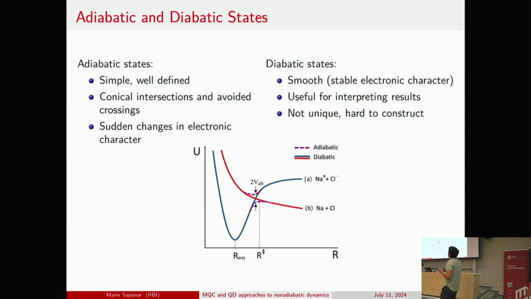But because you get them straight away, the adiabatic states are much easier to work with for the dynamics. And the main reason that surface hopping is so easy to use is that you can, in theory, just take a system and start dynamics right away. You don't need to do anything fancy.